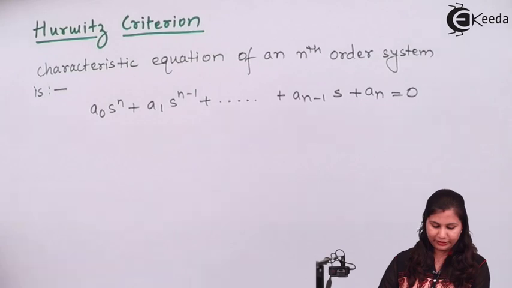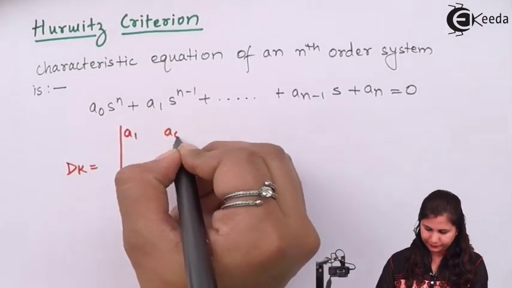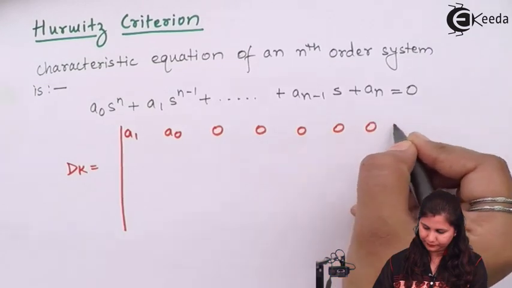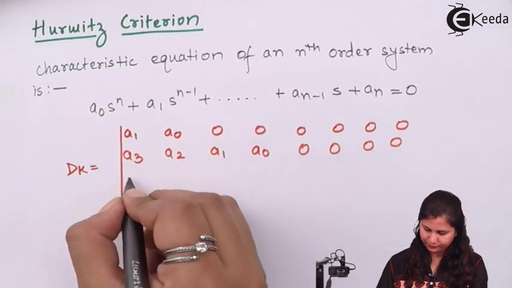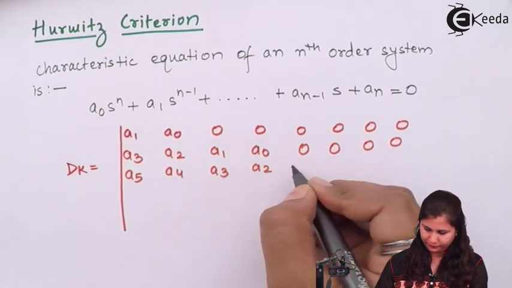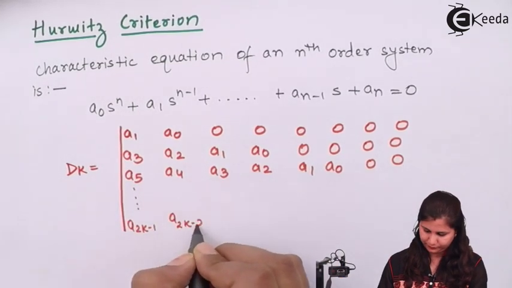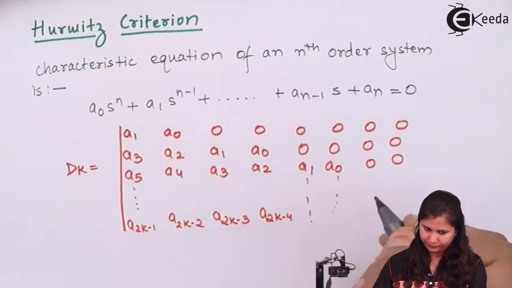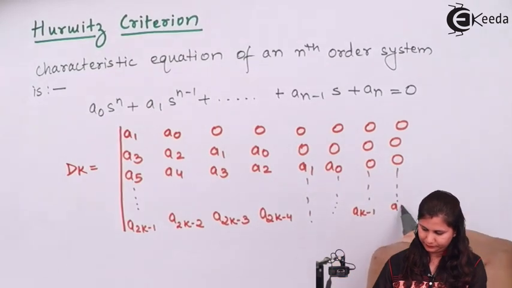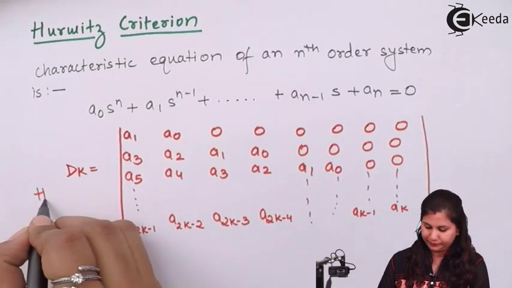So if we see that arrangement, it is like this. So this is the Hurwitz determinant.